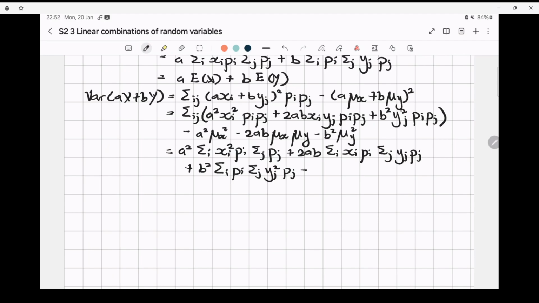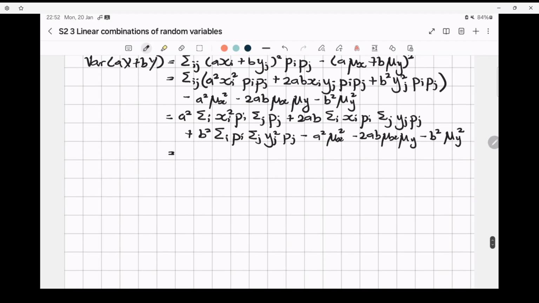Then you minus a squared mu x squared, minus 2ab mu x mu y, minus b squared mu y squared. Now write down everything. The sum of j pj becomes 1, so you have a squared sum of i xi squared pi plus 2ab. Sum of i xi pi is mu x, the other one will be mu y.